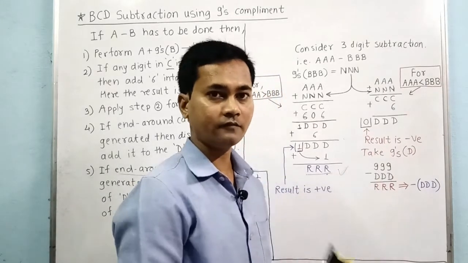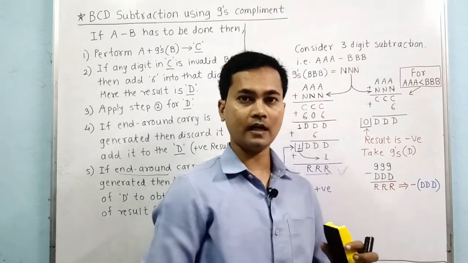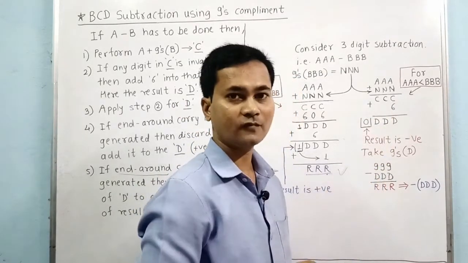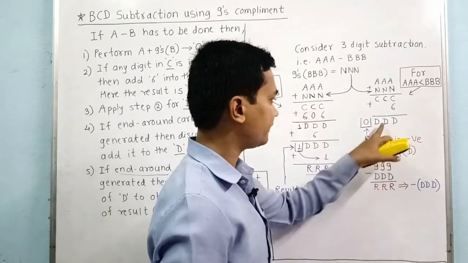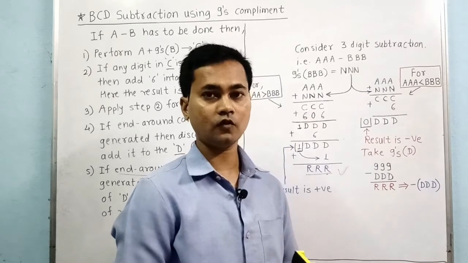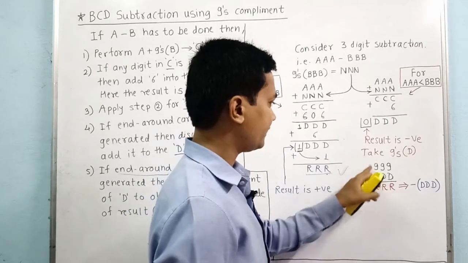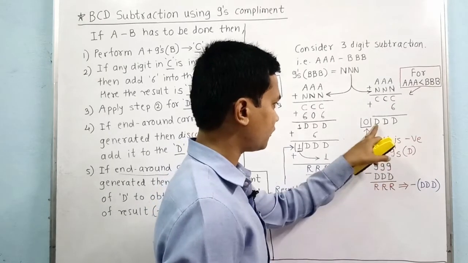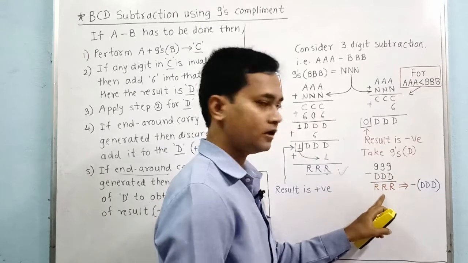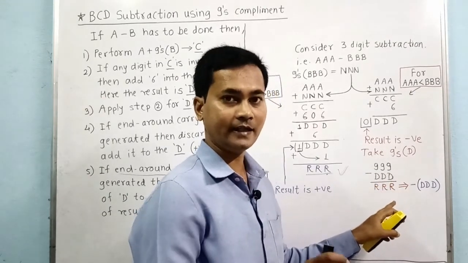And in this case, to get the correct magnitude, we have to again take the 9's complement of this D. Actually this result is in 9's complement form. So to obtain the correct magnitude, we again take the 9's complement of the obtained result: 999 minus D is equal to R. This is the actual magnitude with a negative sign.